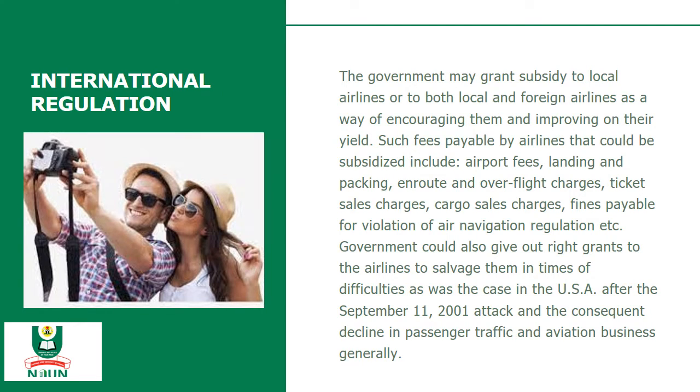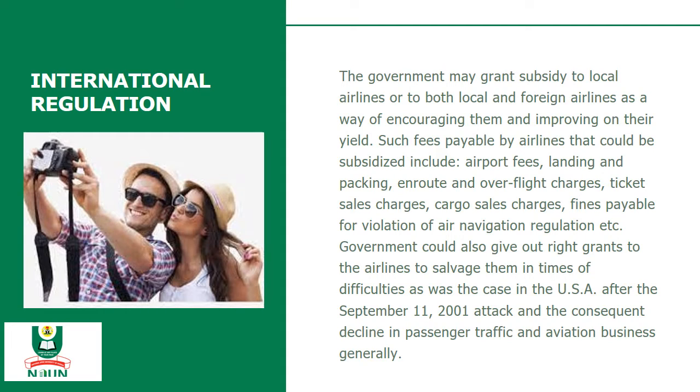Such fee payments by airlines that could be subsidized include the airport fees, landing and parking, en route and overflight charges, ticket sales charges, cargo sales charges, and fines payable for violation of air navigation regulation.